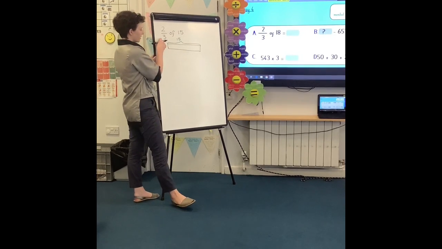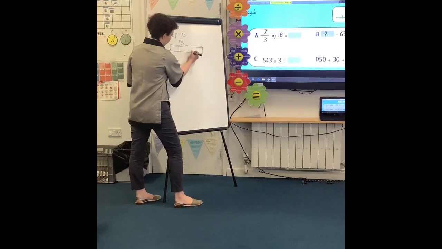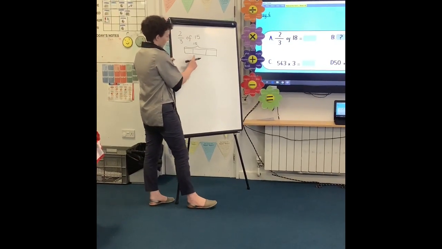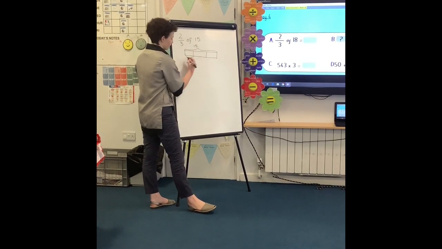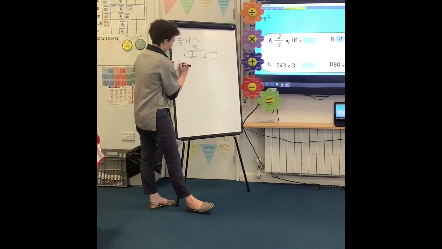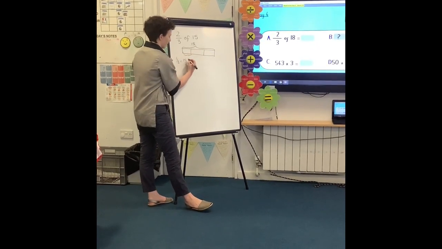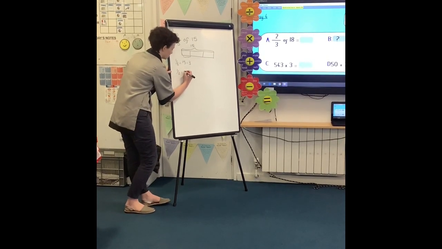And I know that I'm going to have to find an amount of thirds of it, so I need to split my whole into thirds, nice equal thirds. So to find out 1/3, I need to do 15 divided by 3. So 1/3 is equal to 5.